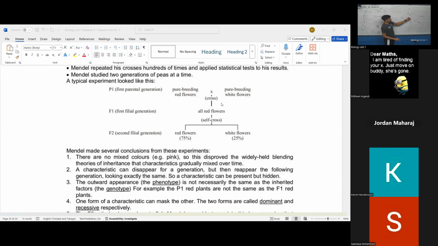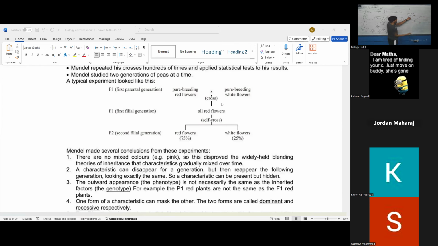The only way this is possible is if red flowers are dominant over white flowers. Because they are pure breeding, they carry the same value on both members, so the red would have to be RR. And white is recessive, so the white would be rr, the other homozygous combination.